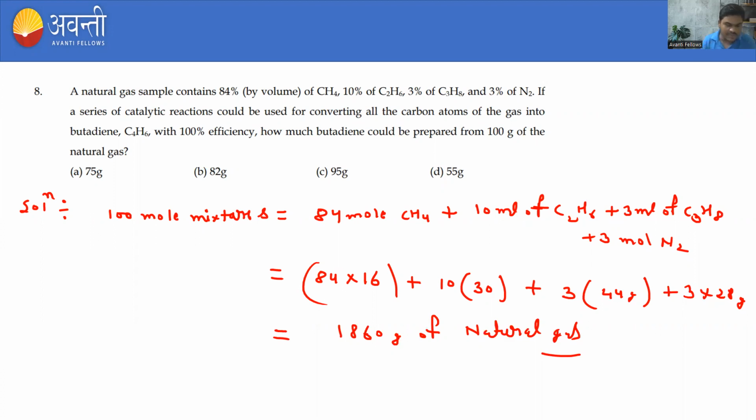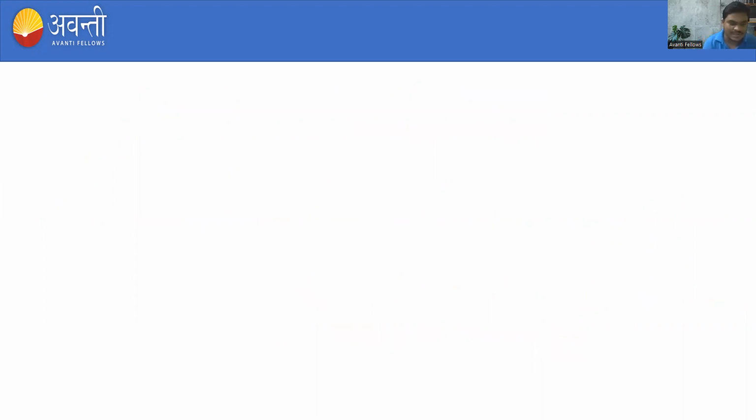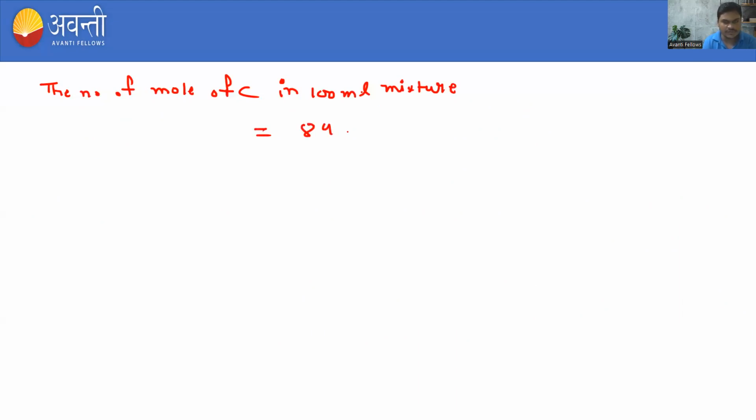The number of moles of carbon is 84 into 1 plus 10 into 2 plus 3 into 3, right?